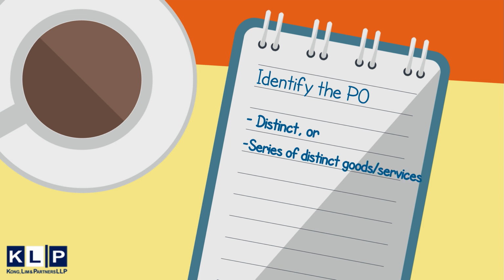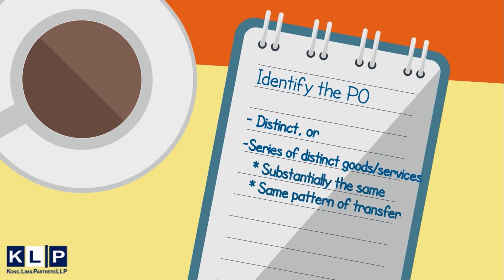In order to be identified as a series of distinct goods or services, the performance obligation must be substantially the same, and they must have the same pattern of transfer. In order to have the same pattern of transfer, the goods or services must be satisfied over time, and their progress must be measurable towards the complete satisfaction of the performance obligation.